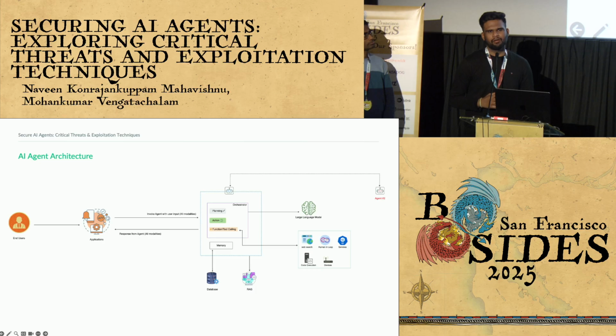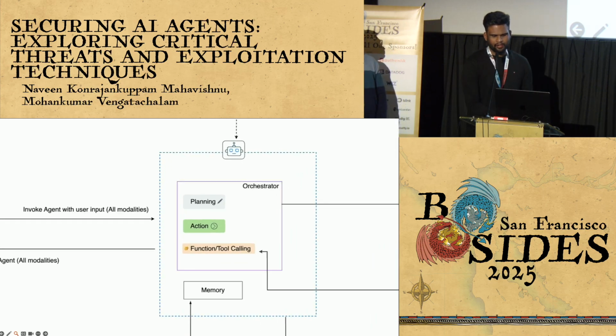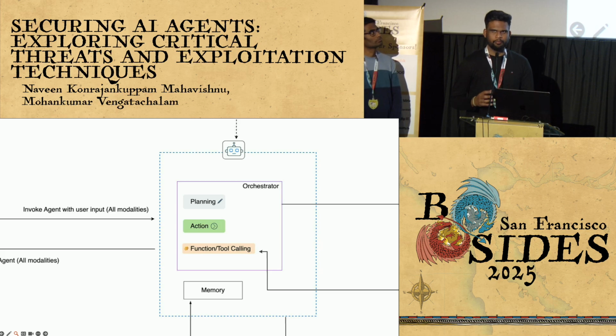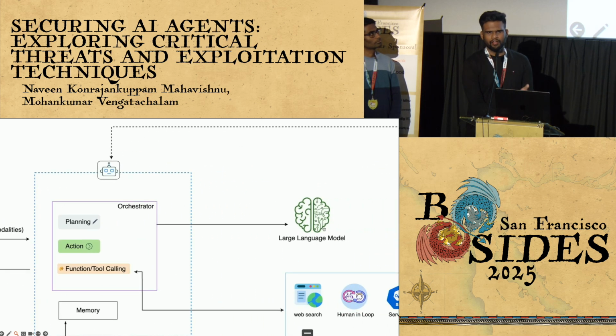Inside the agent, we have the orchestrator, which acts as the heart of the system. It is responsible for doing three different things: planning, taking actions, and calling tools or functions. In simple terms, planning is determining what should be done in order to complete the goal. The orchestrator uses a large language model to determine what needs to be done. This could be a reasoning model, a classification model, or any model that can help the orchestrator determine what needs to be done.